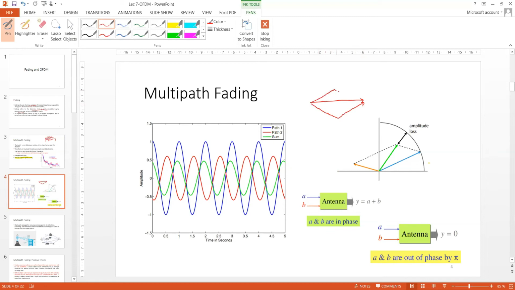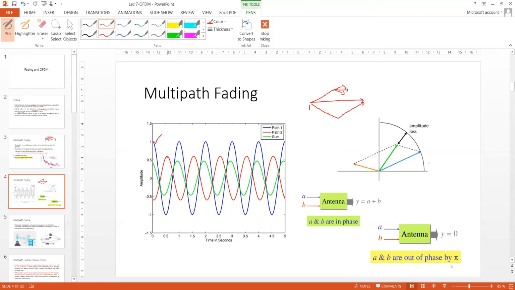Another copy of the signal is scattered from an object that is present between the transmitter and the receiver module. So multiple copies of the same signal are received at the receiving end. Let's suppose this is the first copy of the signal received by the receiver, and this copy is traveling through path 1.